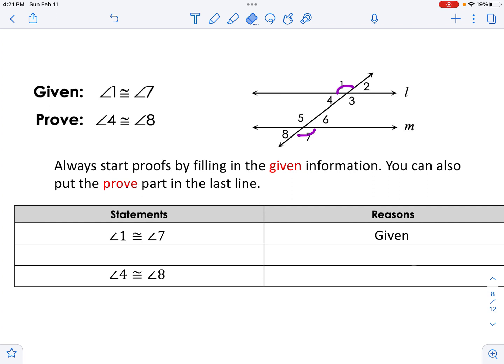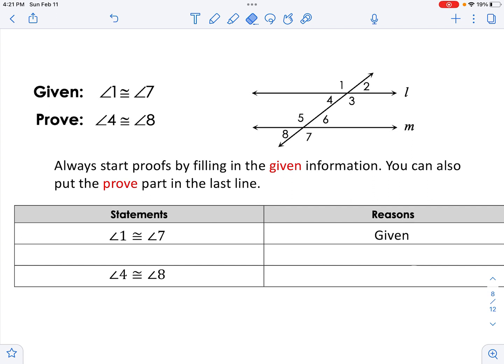Okay, now we know that 1 is congruent to 7. So that means then that L and M have to be parallel. If they're congruent, L and M are parallel. So I want to write that in there. And how do I know that? Well, I know 1 and 7 are alternate exterior angles, so they'd be parallel by the converse of that.